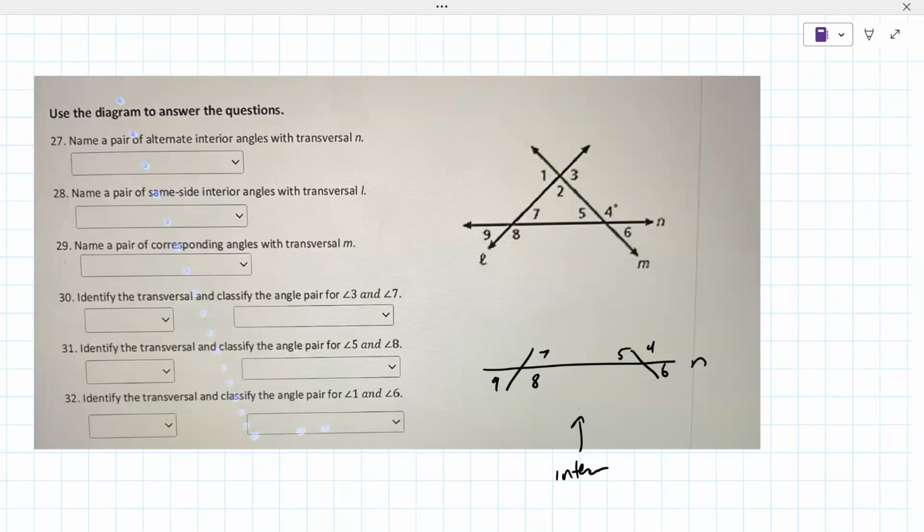So they go across the transversal. So 5 and 8 look like the best choice because they alternate and they're in the interior.